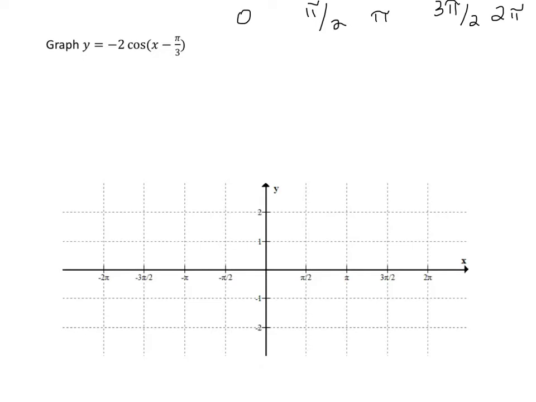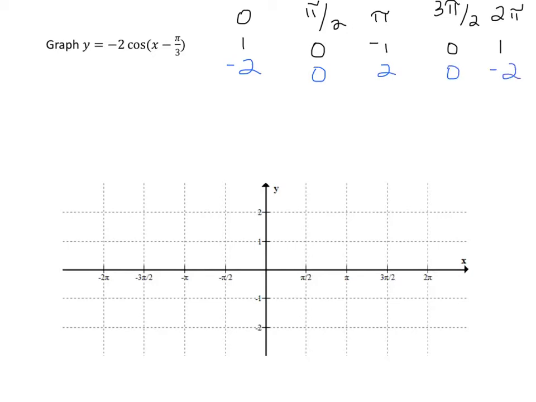Then the next thing that I think about is the pattern of cosine. Well, I know the pattern of cosine starts at 1, 0, -1, 0, 1. Then I look at the amplitude as -2. So I'll multiply each one of those by -2, and I get -2, 0, +2, 0, -2.